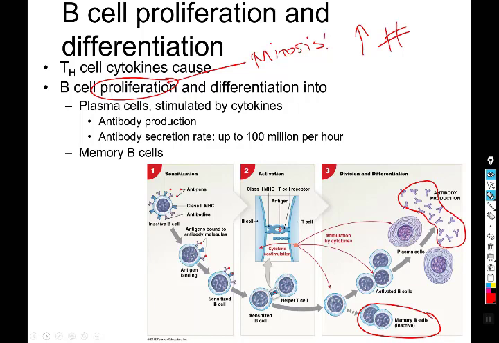So the antibody secretion rate is up to 100 million per hour. The reason these are illustrated differently is because they look different. Remember when you were looking for lymphocytes in the blood slide, and some lymphocytes seem to have very little cytoplasm, others seem to be a little bit bigger and have more. Odds are the bigger ones were plasma cells. Plasma cells need to have more rough endoplasmic reticulum because that's where proteins are made, right?